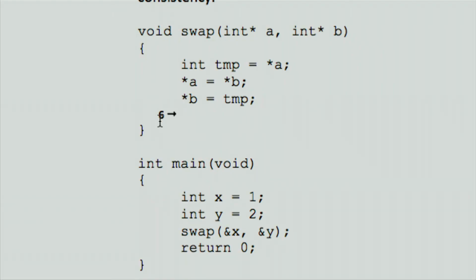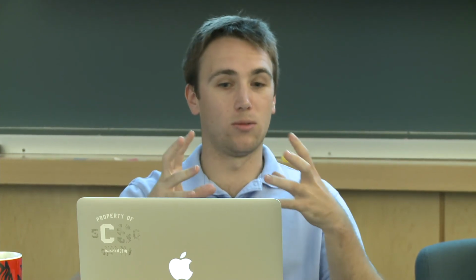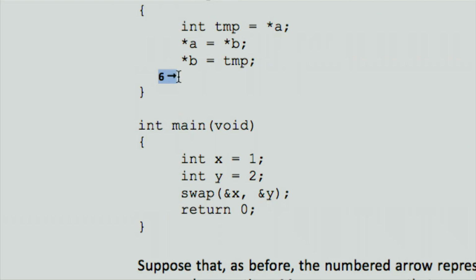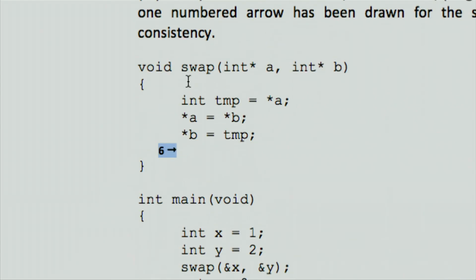In particular, what we're looking at, let me put this iPad down, is this line numbered 6 right here. And it's numbered 6 just for contiguity with the previous problem. What we want to do is display or label the state of memory as it is at the time when we execute this line number 6, which is effectively a return from our swap function right here.